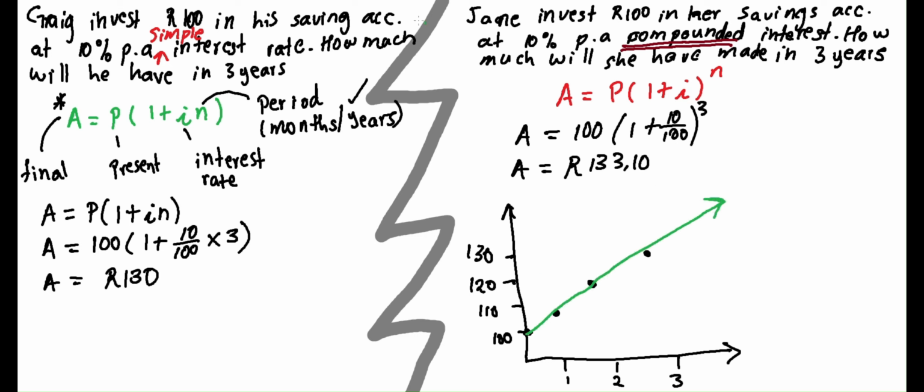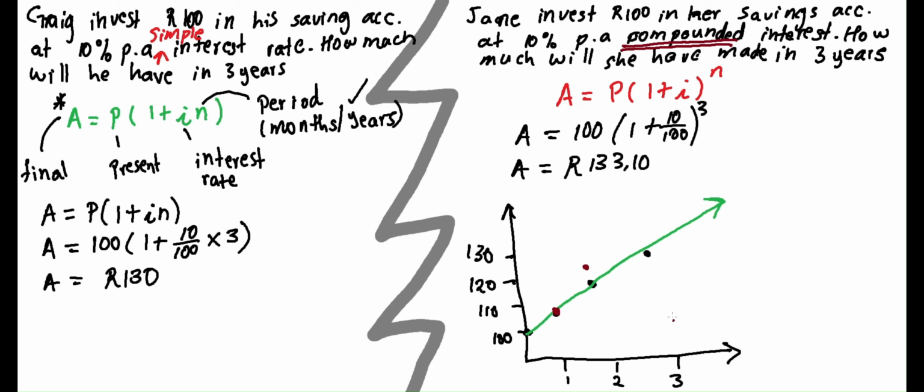And then we have Jane. In the first year, Jane also made 10% of that 100 rands, which is 110 rands. But the difference with Jane is that in her second year, they took 10% of 110 rands, not 100 rands like Greg. So obviously, her investment is going to be a bit better than Greg's.